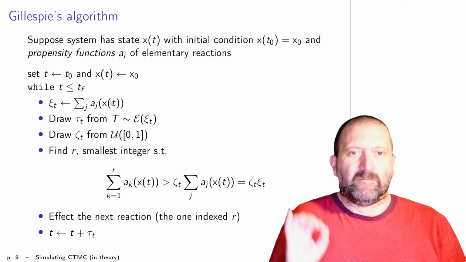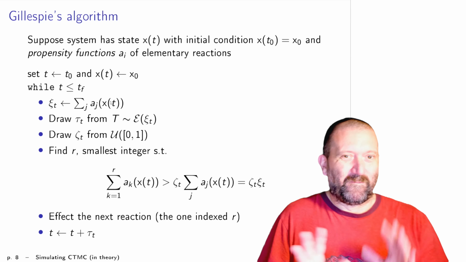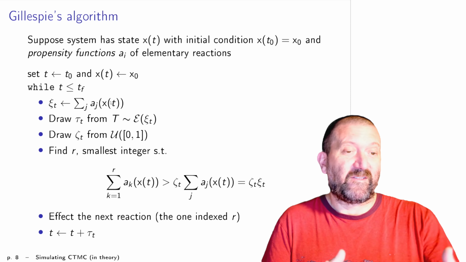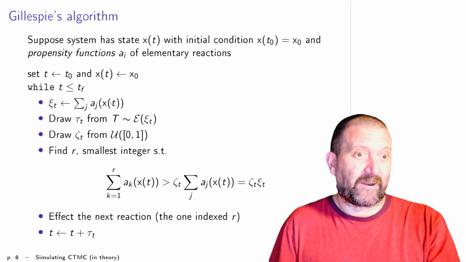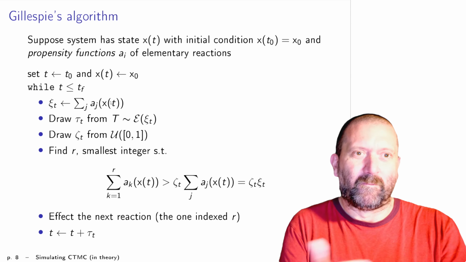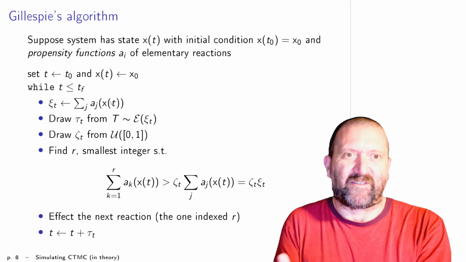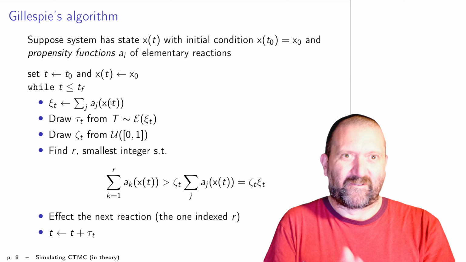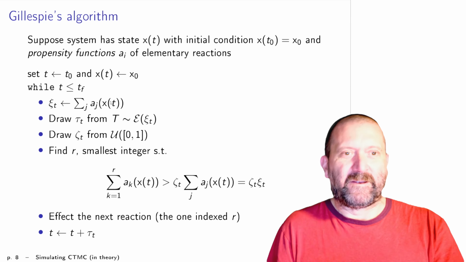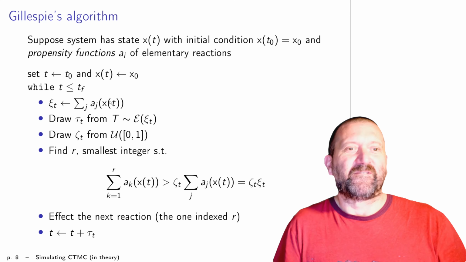I will show you an example in a minute. The propensity functions are those rates that I had before, but those rates of course depend on the state of the system. So beta S I depends on S of t and I of t. It's not always the same value, and likewise gamma I depends on I of t. So this is what this means.